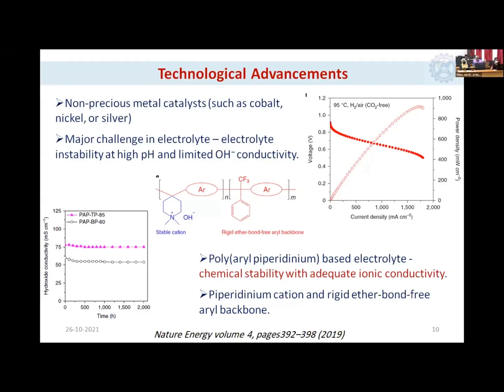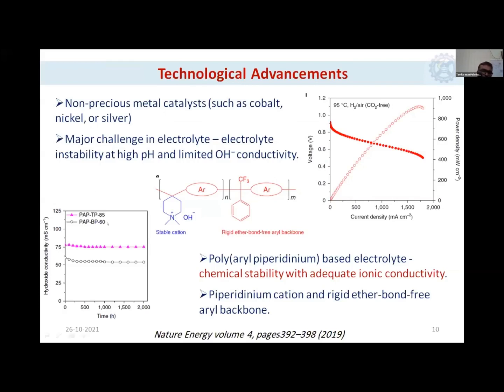For that, recently a composite or polymeric electrolyte was demonstrated, which consists of a polyaryl backbone that gives a rigid support so that the chemical stability is good, and it also has hydroxyl anion in its structure, so that you will get better conductivity.